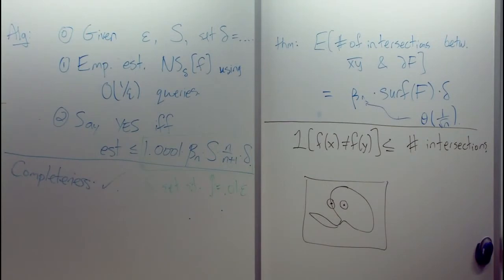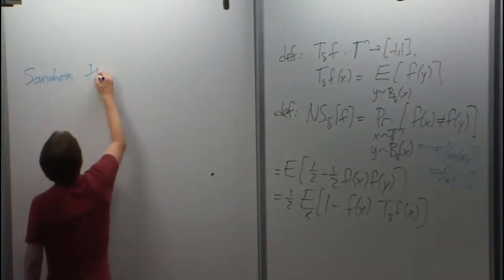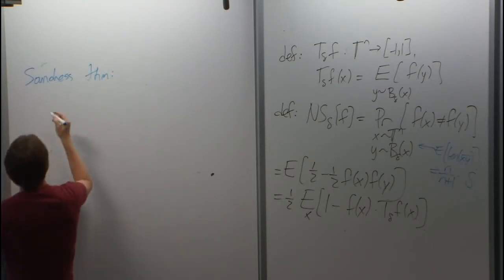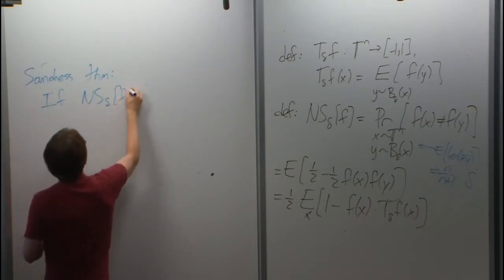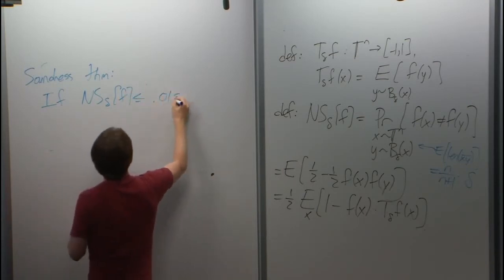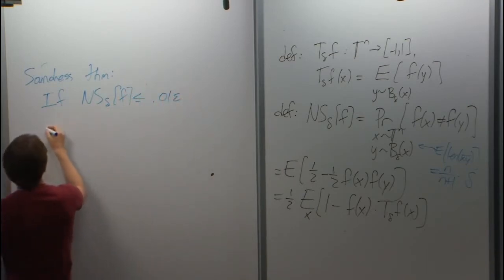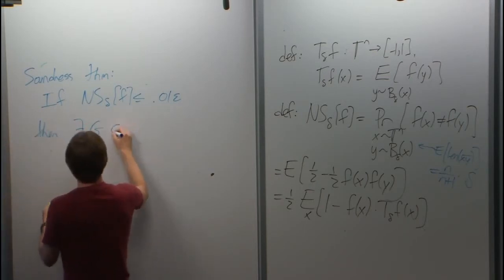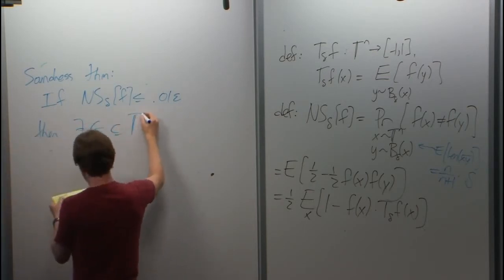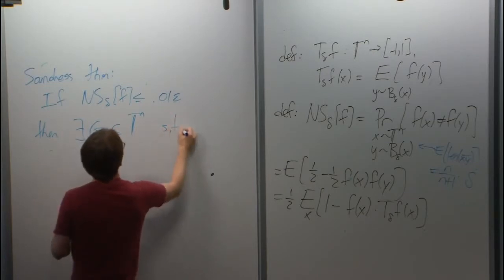And the soundness theorem is that if the noise sensitivity of F is at most 0.01 epsilon, then there exists a G which has two properties.